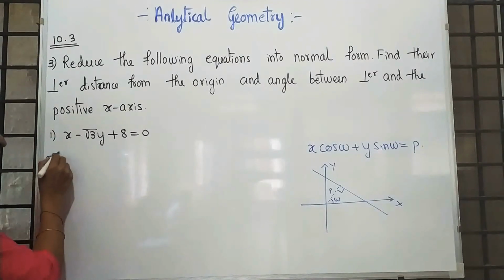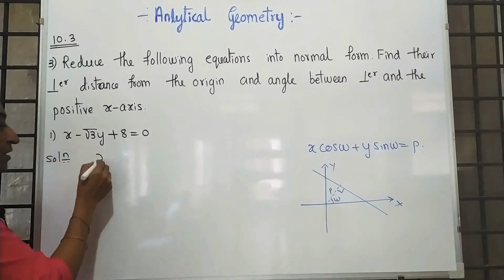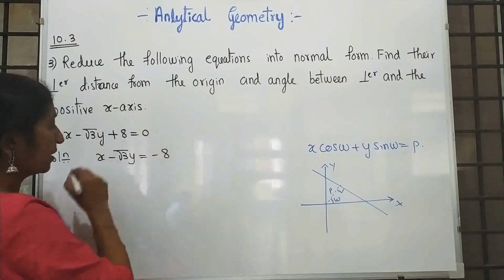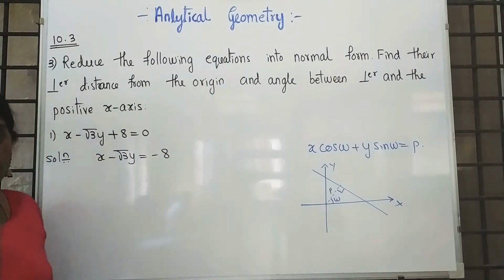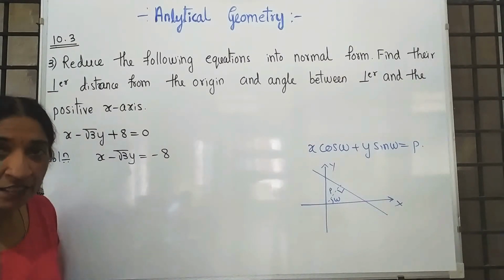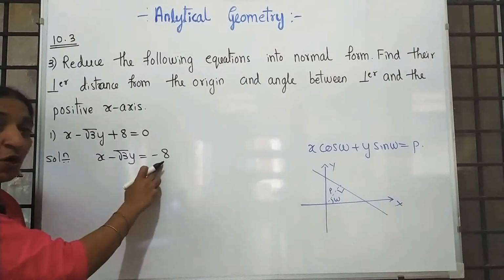First we have to write it in the standard form, that is x minus root 3 y is equal to minus 8. Constant on one side, x and y on the other side. After separating the constant on the right side, see, the constant should always be positive.